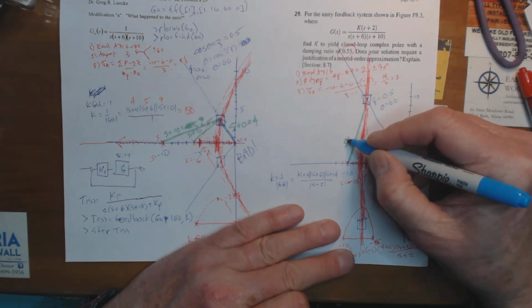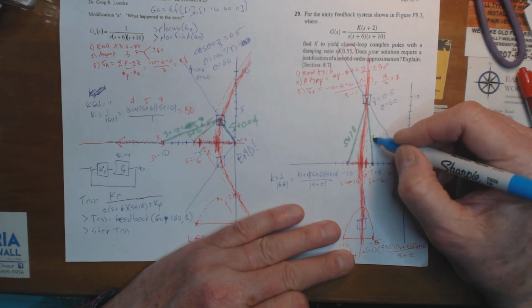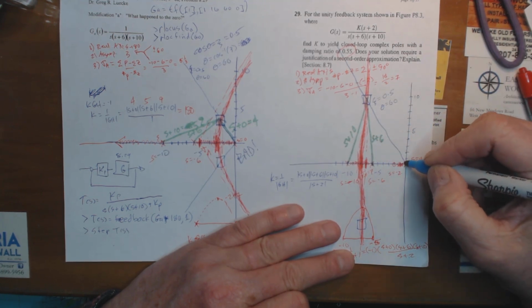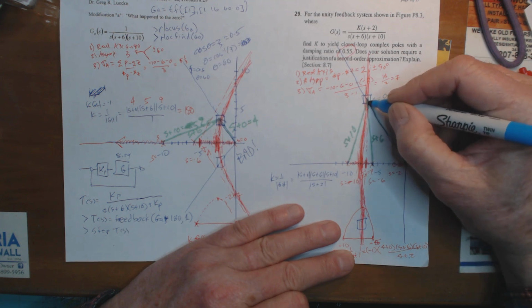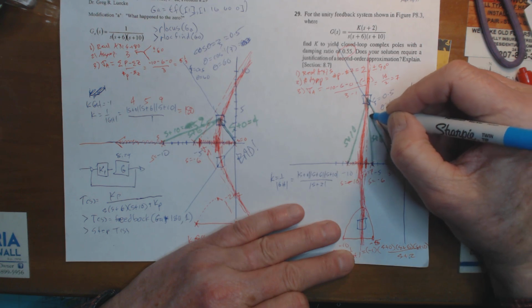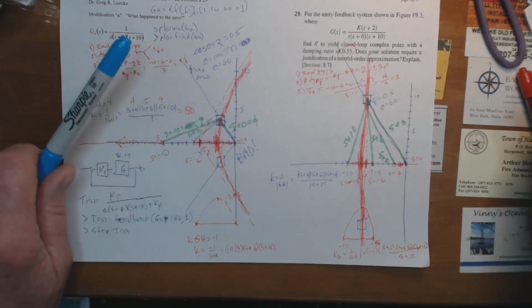So here's s plus 10, here is s plus 6, here is s plus 0, and now I've got the next one, s plus 2. And how long are they?